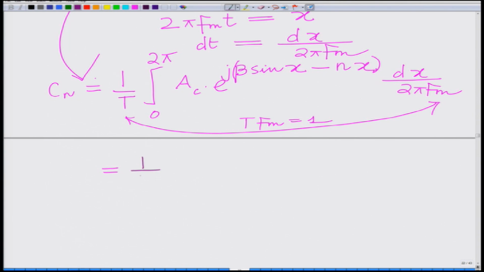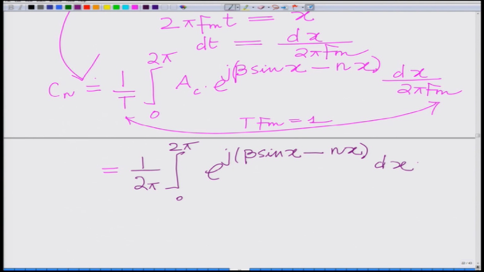So this will be simply 1 over 2 pi, integral 0 to 2 pi, e to the power of j beta sine x minus n x dx, that will be your Cn.